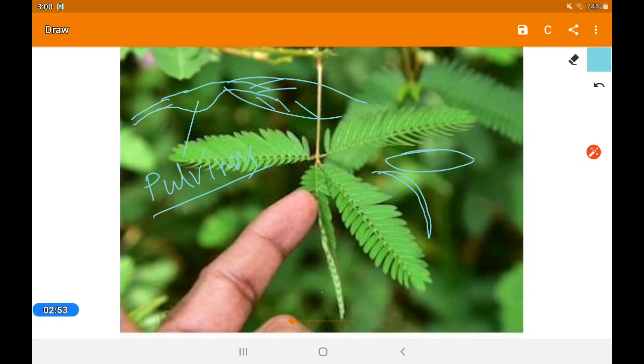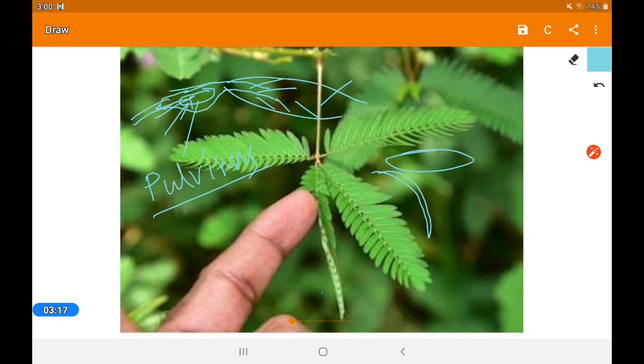This pulvinus area is full of water. When we touch it, the water moves out, so it loses its rigidity and the leaf droops. After some time, it can regain the water and again becomes normal. So here the reason is different.